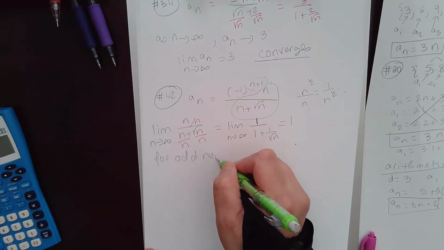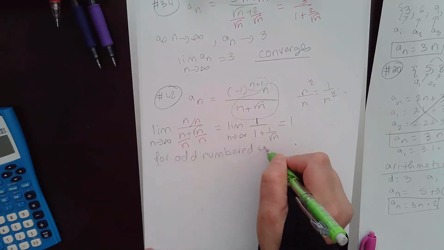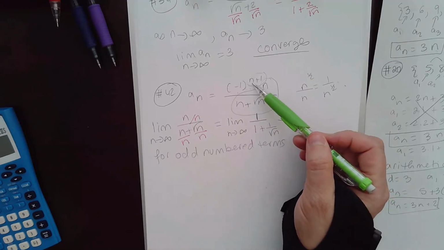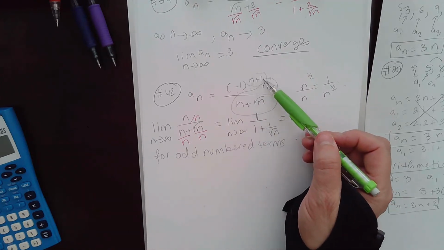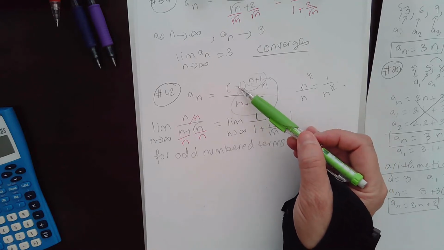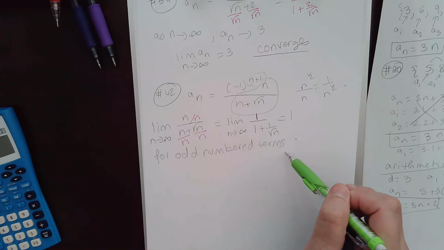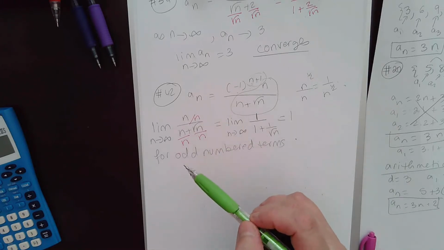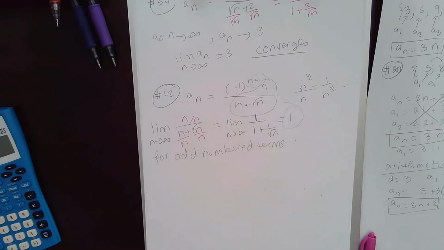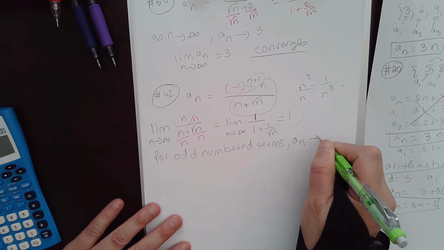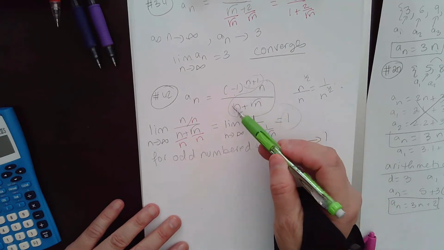When n is odd, n plus 1 is even, which makes this positive 1. So for odd number terms, an would be positive 1. So for odd number terms, an approaches 1. Because I just did this, and this limit is equal to 1.